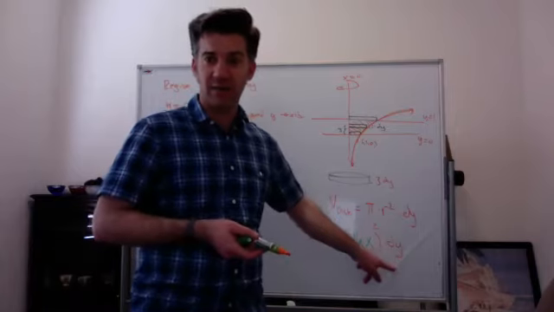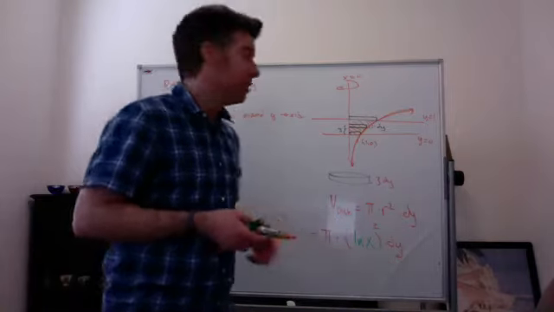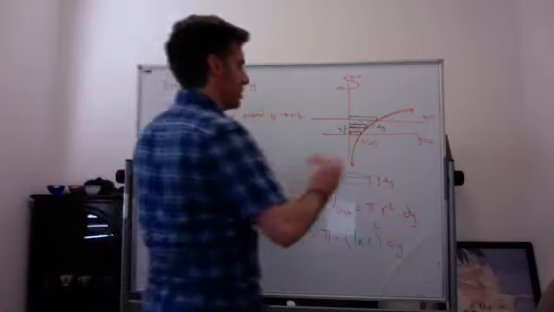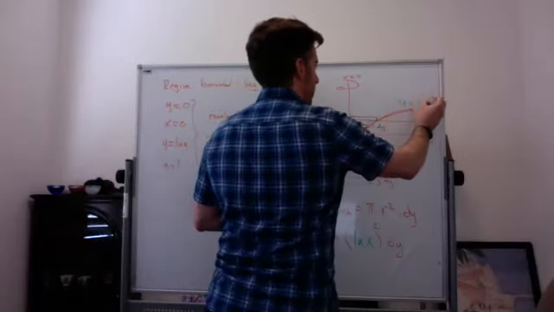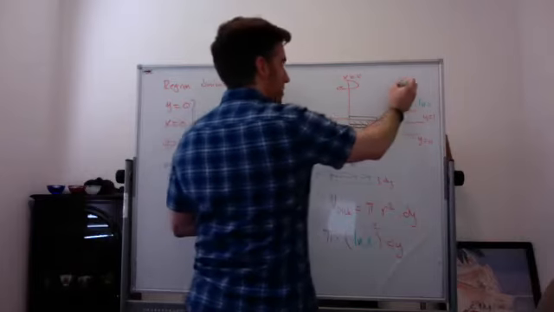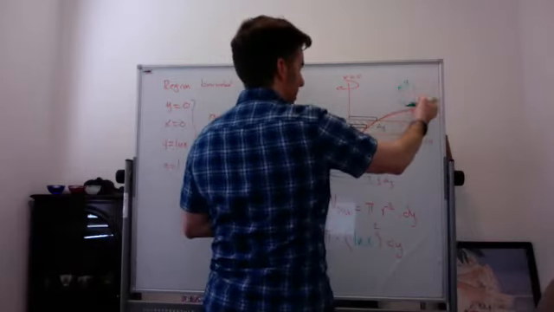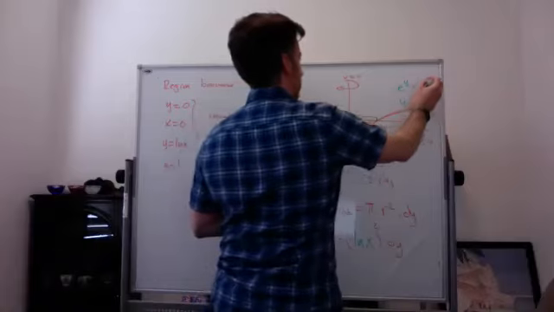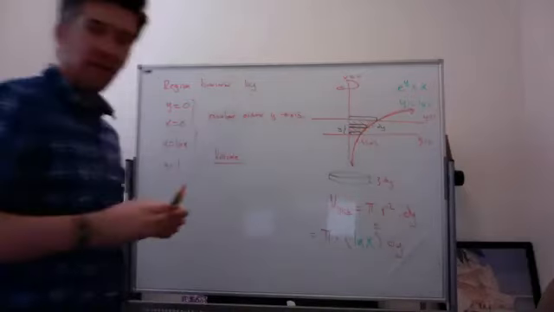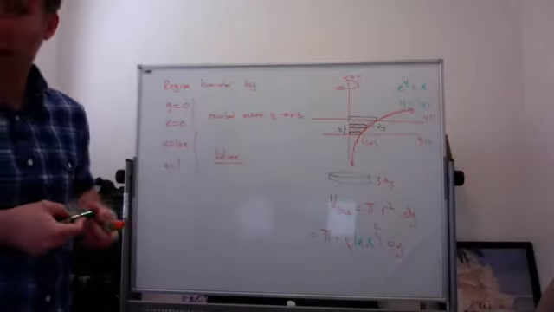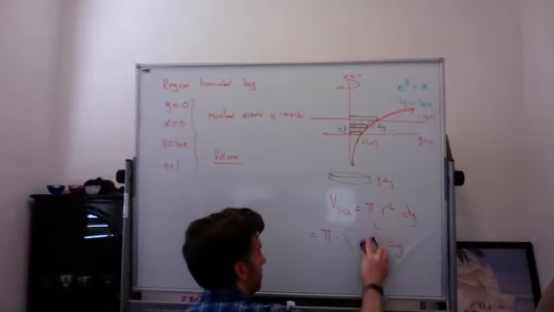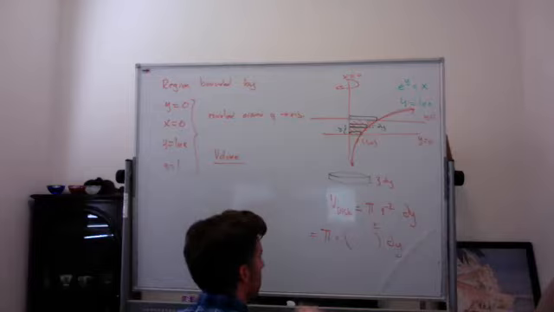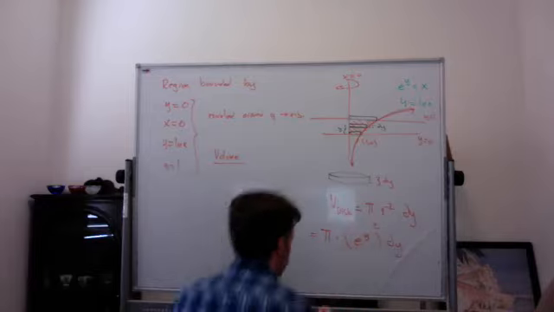I need the variable here and the variable here to match up. So I have to say, oh, well, if this function is y equal to the natural log of x, if I exponentiate both sides, e to the y equals e to the natural log of x, which is x. So my function as a function of y is x equal to e to the y.